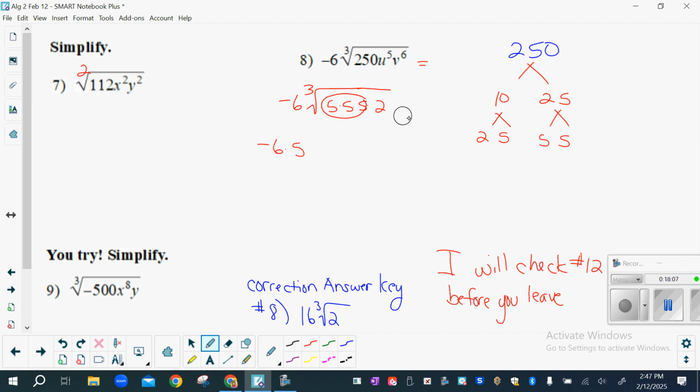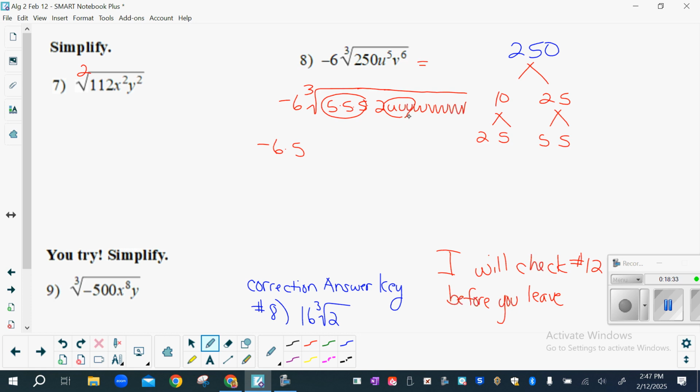Oops, I forgot my variables. 1, 2, 3, 4, 5. 1, 2, 3, 4, 5, 6. We have groups of 3. Yeah, we have a group of 3 u's. And how many groups of 3 v's do we have? 2 of them.